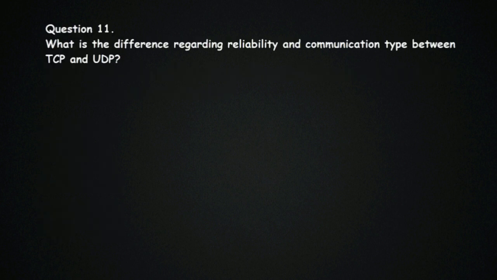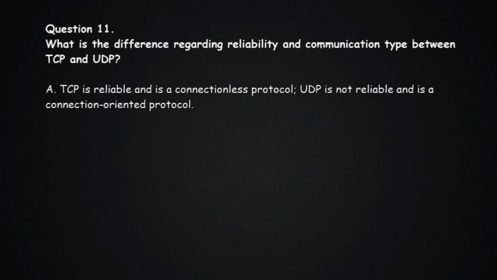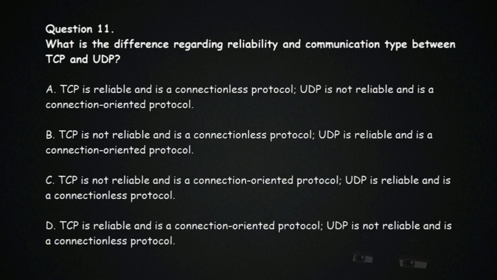What is the difference regarding reliability and communication type between TCP and UDP? Answer is D. TCP is reliable and is a connection-oriented protocol. UDP is not reliable and is a connectionless protocol.